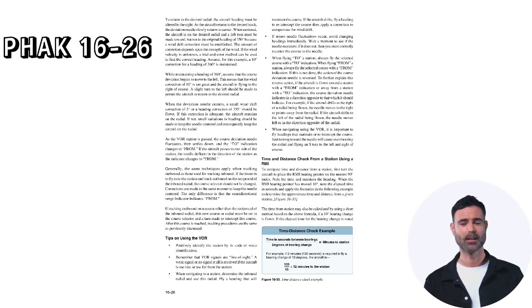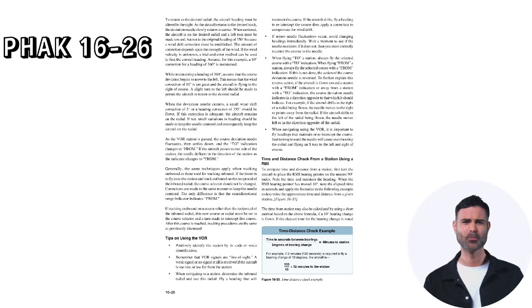This means that the wind correction of 10 degrees is too great and the aircraft is flying to the right of course. A slight turn to the left should be made to permit the aircraft to return to the desired radial. When the deviation needle centers, a small wind drift correction of 5 degrees, or a heading of 355 degrees, should be flown. If this correction is adequate, the aircraft remains on the radial.